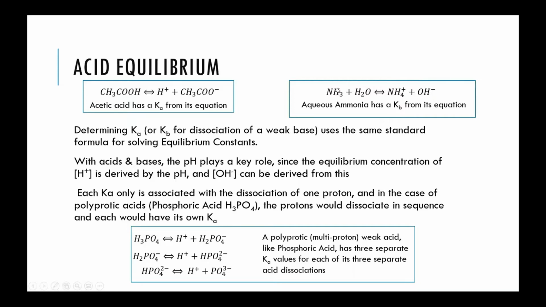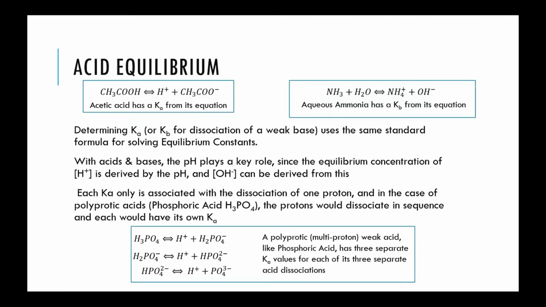And not all of the ammonia will react with the water to form these ions, only some of it. It's an equilibrium between how much they dissociate. And the equilibrium constant for these equations is termed the Ka for an acid dissociation, or a Kb for a base dissociation.